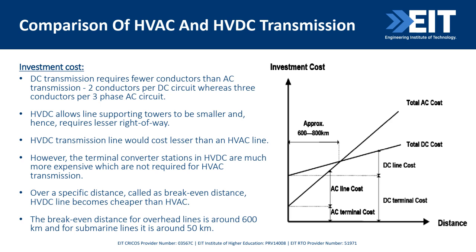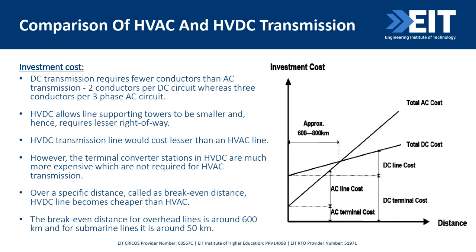But with HVDC, we need to be mindful of the additional cost in terms of the converter stations. As we discussed, for HVDC we need to step up the voltage and then convert AC to DC first at the generation point, and then convert it back to AC at the distribution point.